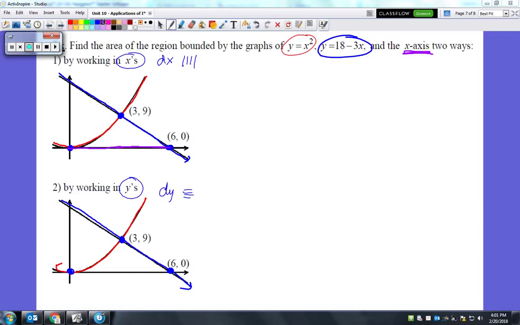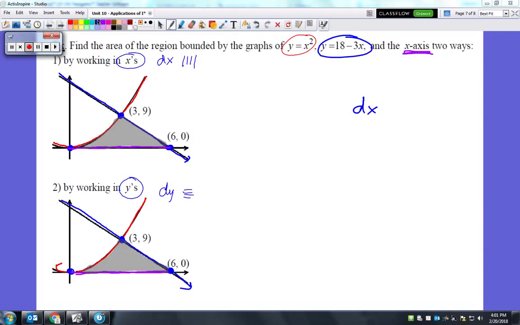So here's our x-axis, here's our x-axis, so that our shaded bounded regions become this, as well as this one over here. Okay, so we're going to look at the similarities and differences between working with x's versus y's. Alright, so if I'm going to do vertical slices, dx's, let me get color on that.